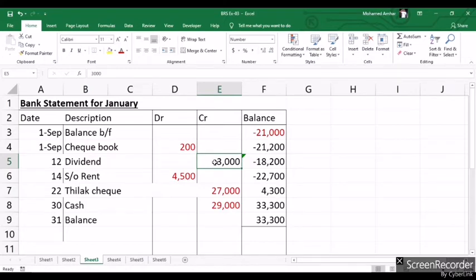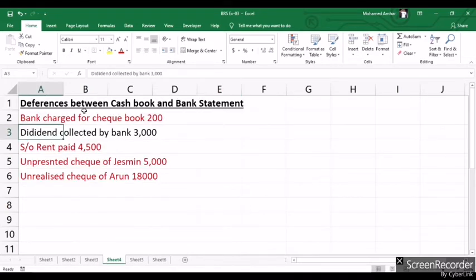Dividend collected by bank is also a difference, so that should be shown under the differences between cash book and bank statement. Dividend collected 3,000. So these are the reasons for not balancing the cash book and bank statement balance.